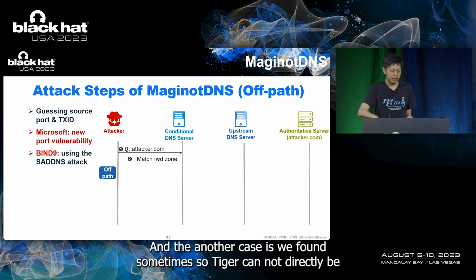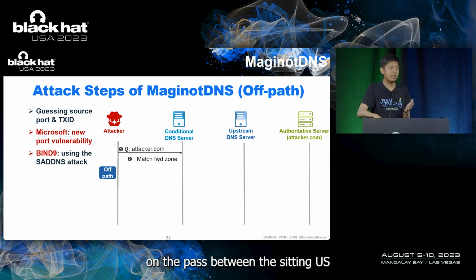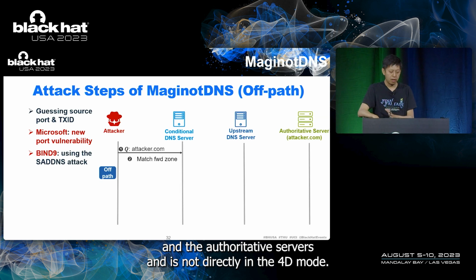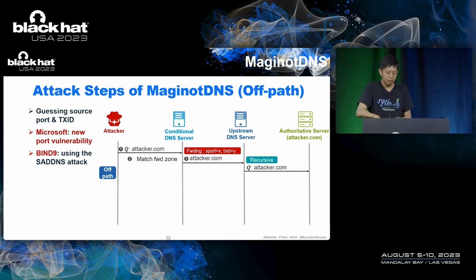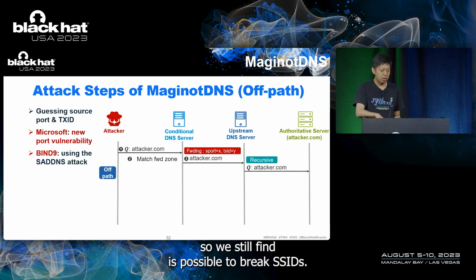And in other cases, we found sometimes the attacker cannot be directly on the path between the CDNS and the authoritative servers, and is not directly in the forwarding mode. It may receive some queries in the recursive mode. We still found it's possible to break CDNS.